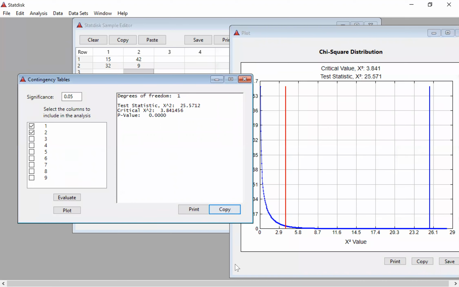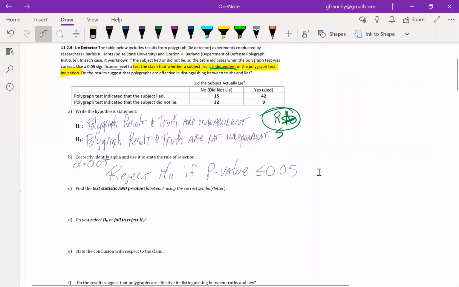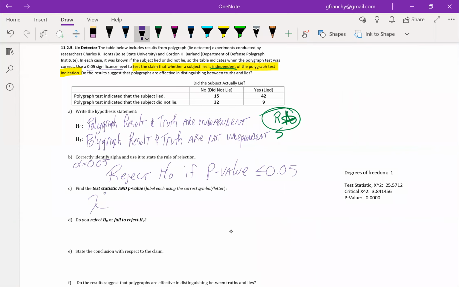So I'm going to copy this and take it back to OneNote. So now I can go ahead and say that our chi-squared is 25.571.